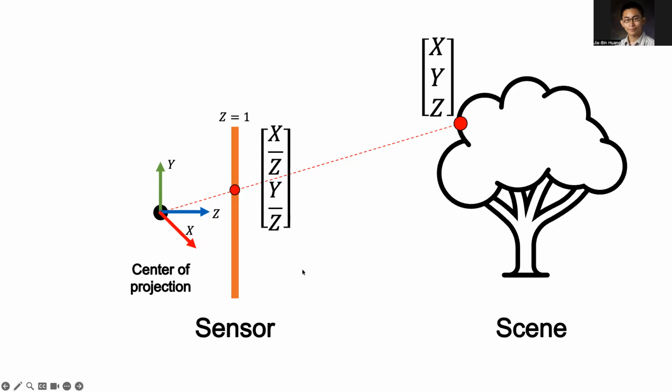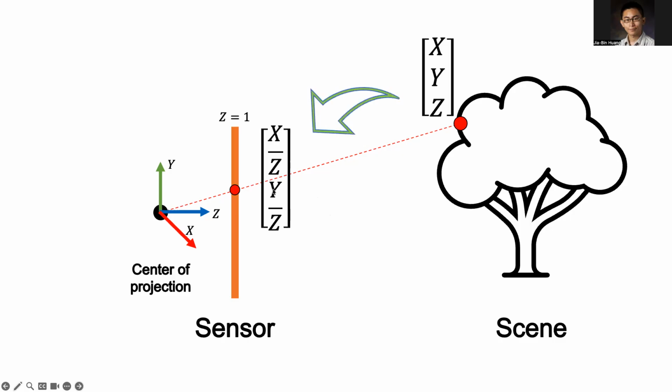So now we see this very clear mapping from x, y, z in the 3D world to the x, y, the horizontal and vertical point in the image plane, right?